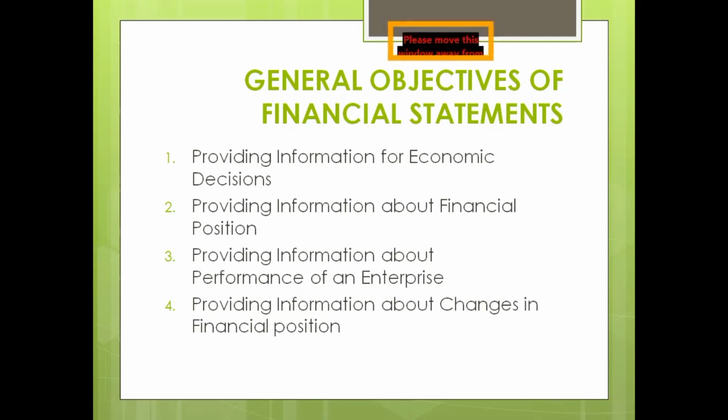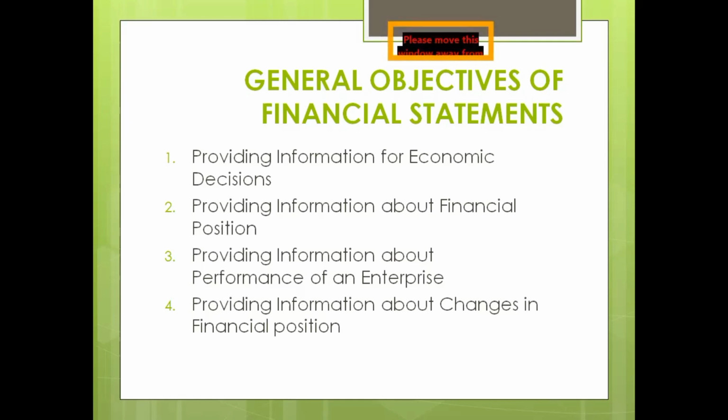The third objective of financial statements is providing information about the performance of an enterprise. Another important objective is that it provides information about the performance and in particular its profitability, which is required in order to assess potential changes in the economic resources that are likely to be controlled in the future.